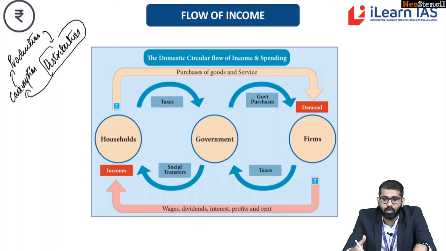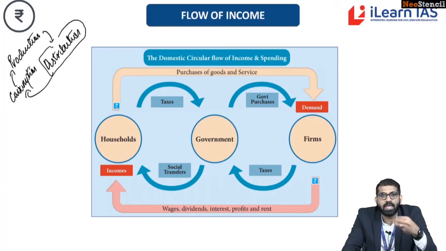Clear? For example, I have told you an example whereby the wheat that the farmer produces can either go to the household or it can go to the biscuit factory. When it goes to the household, they are using it to convert it to roti and they are going to consume it. Now, if it goes to the biscuit factory, they are using it to produce biscuits, right? So they are producing a new item and they are going to sell it. So it cannot be considered as consumption as such.